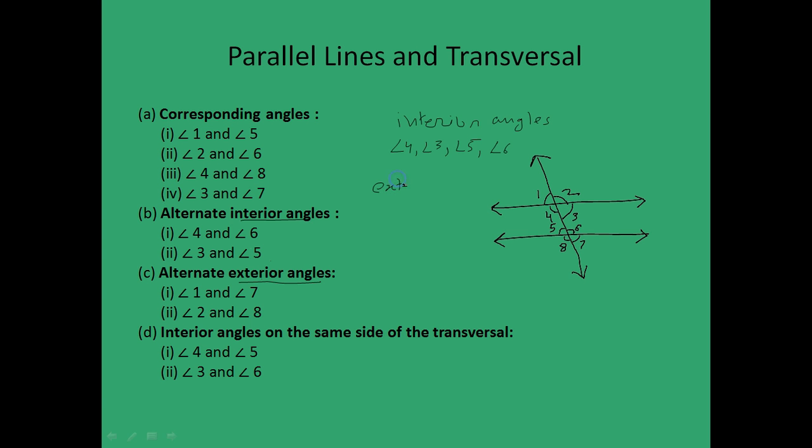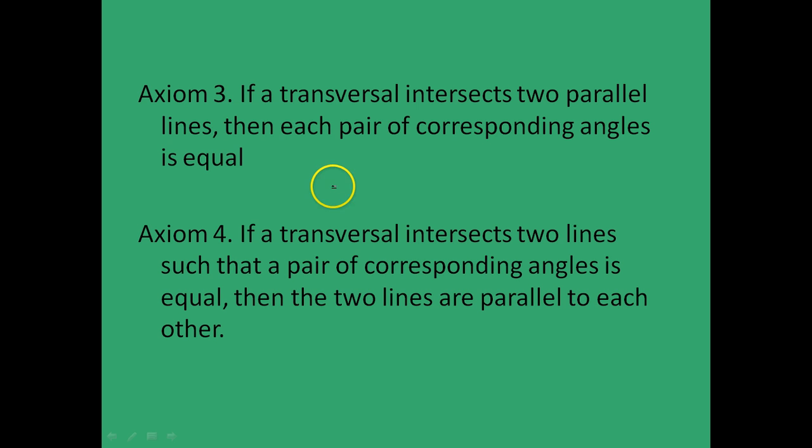And exterior angles are angle 1, angle 2, angle 7, and angle 8, basically the ones which seem to, so to speak, lie on the exterior. The reason that we're defining these classifications is because these sets seem to have very nice properties that we will look at now.